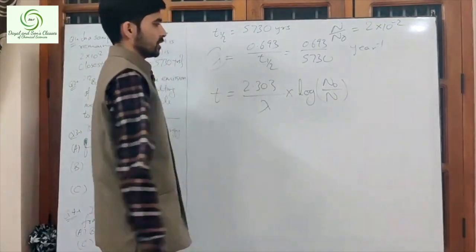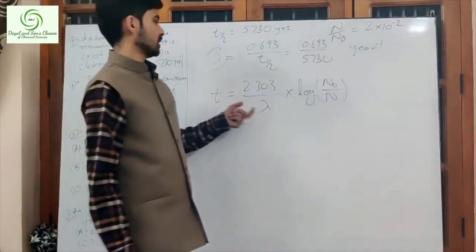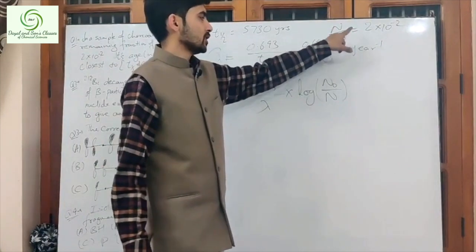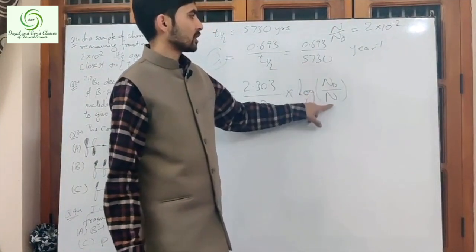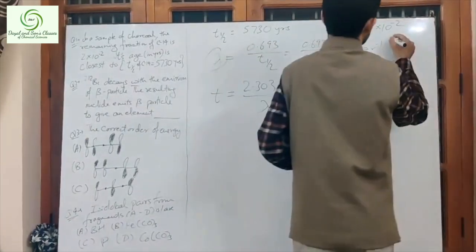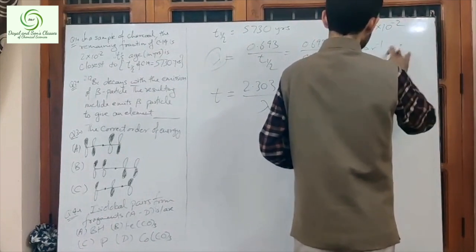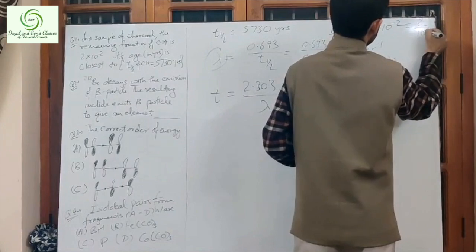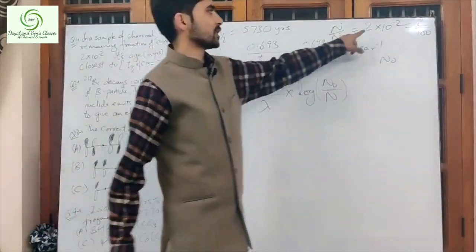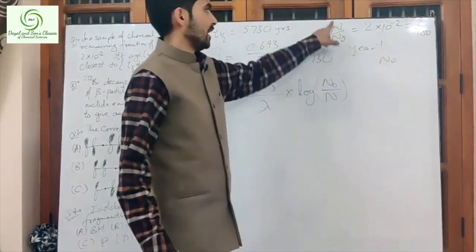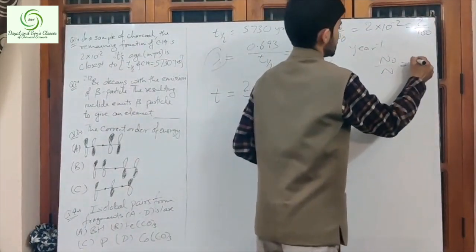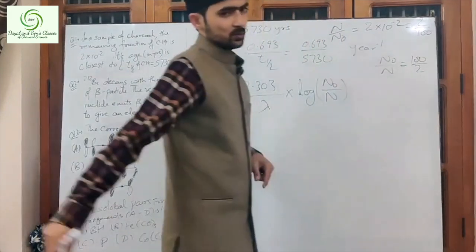Now let's put the values of lambda and N naught by N. Here we are given N by N naught. So what will be the value of N naught upon N? 2 into 10 minus 2 is equal to 2 upon 100. N by N naught is 2 by 100. Therefore N naught by N will be equal to 100 upon 2.